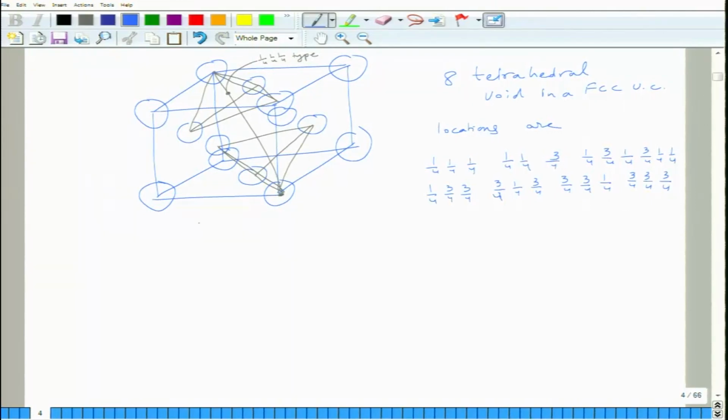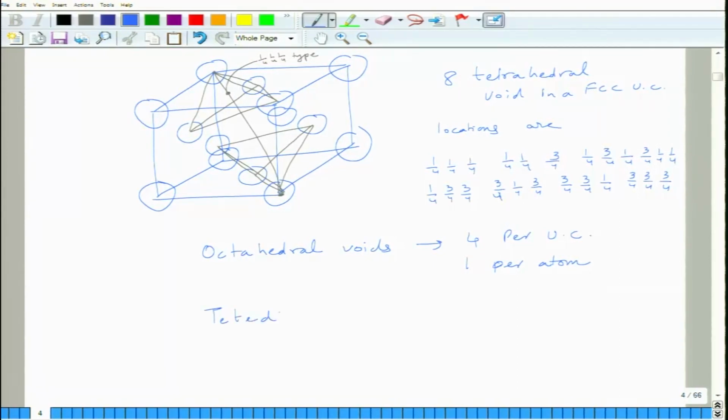So, in a Fcc unit cell, octahedral voids are 4 per unit cell or 1 per atom, because there are 4 atoms in a Fcc unit cell, right.